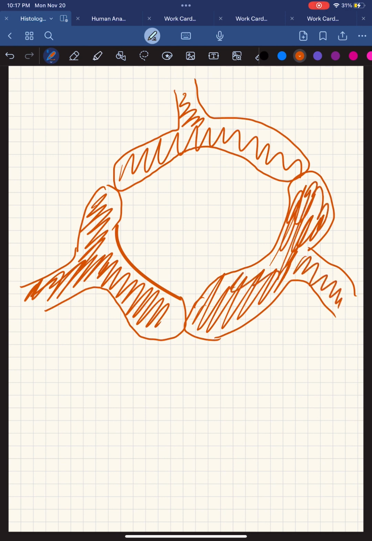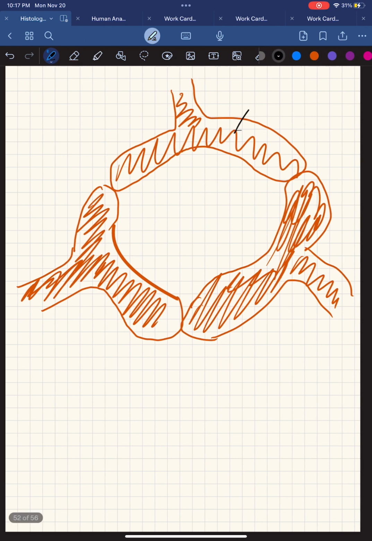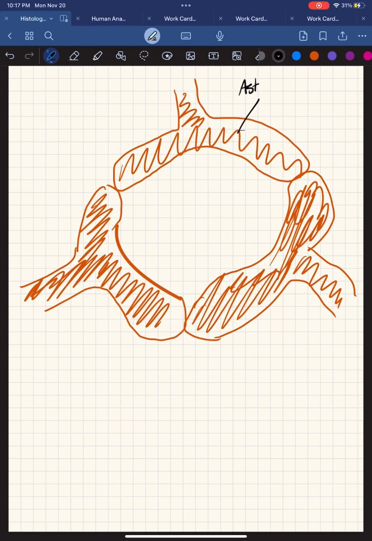So these projections, this triangle-shaped projection, these are actually going to be the astrocyte foot processes.